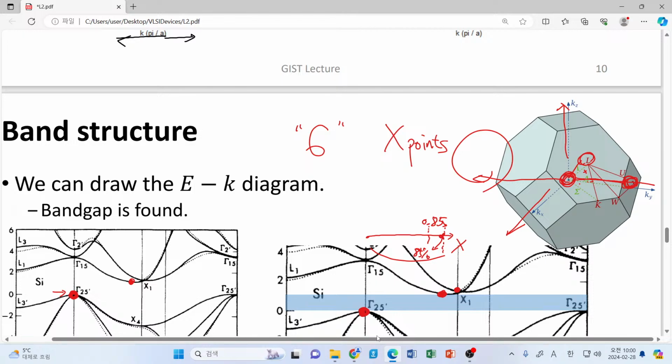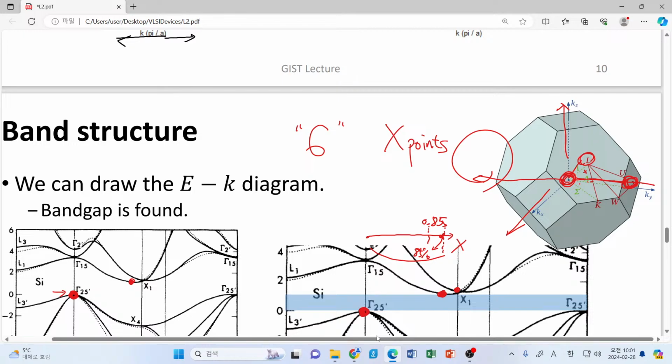So unfortunately, when we collect the total number of minimum energy points in the conduction band, we don't have only one minimum point, but we have 6 minimum points, and they have different directions. 2 of them are aligned.